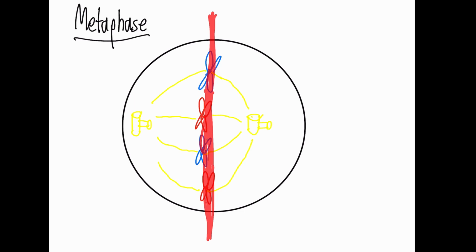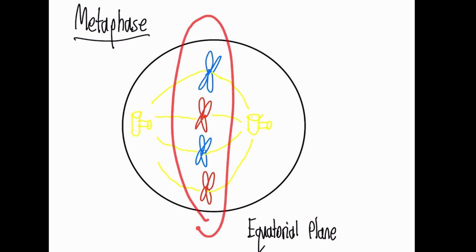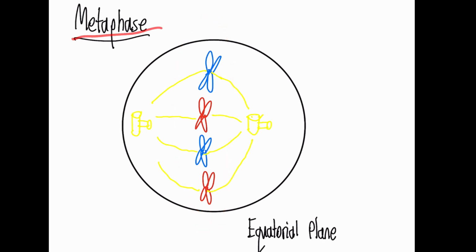Now, this plane has a very special name since it divides the cell into 2 equal parts, and it's called the equatorial plane. So, the equatorial plane is over here, this line that divides the cell into 2, and you notice that all the chromosomes would line up in this equatorial plane during metaphase.